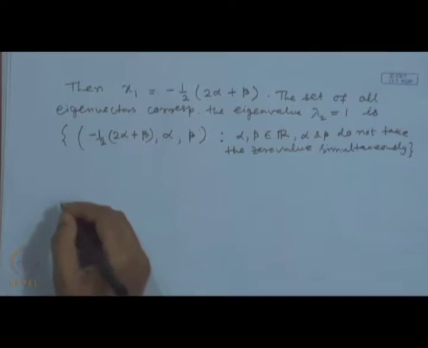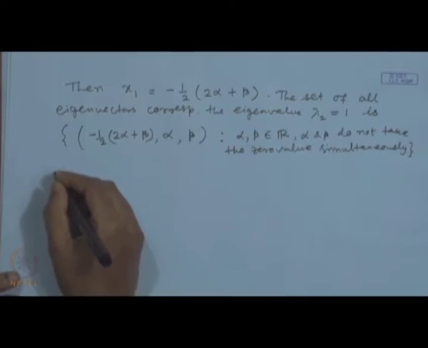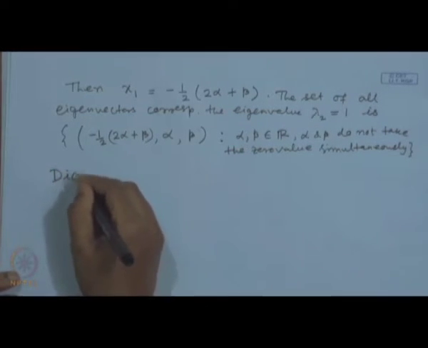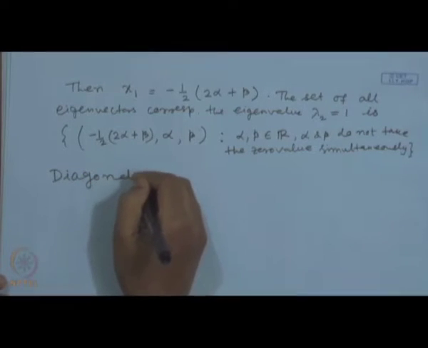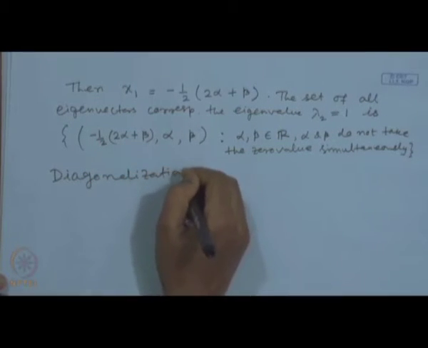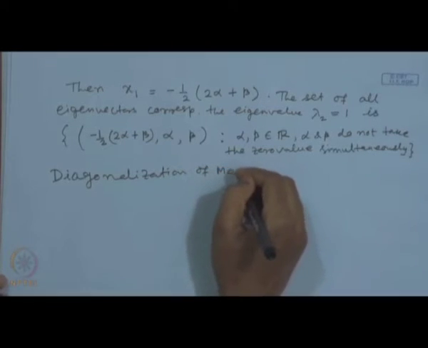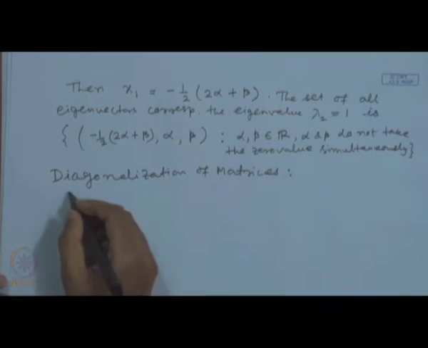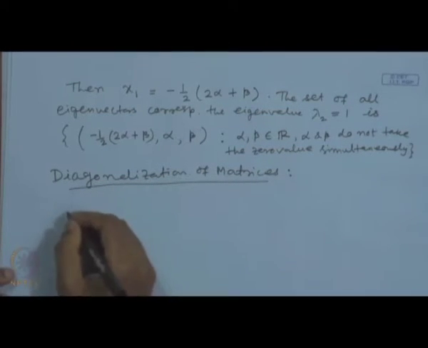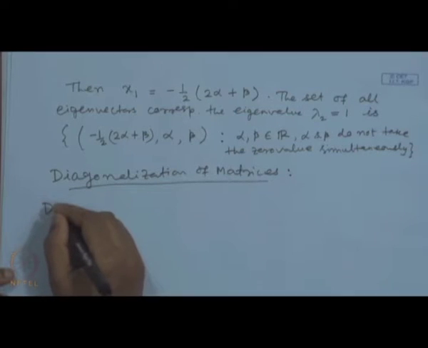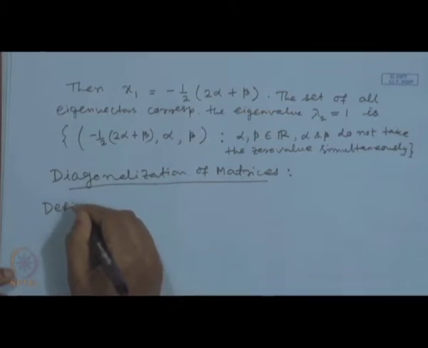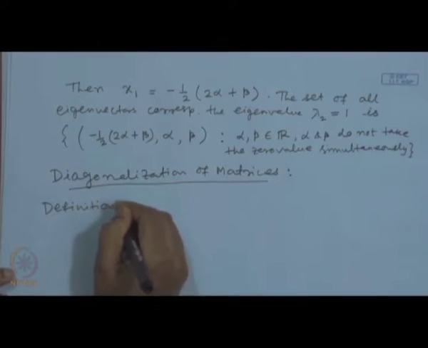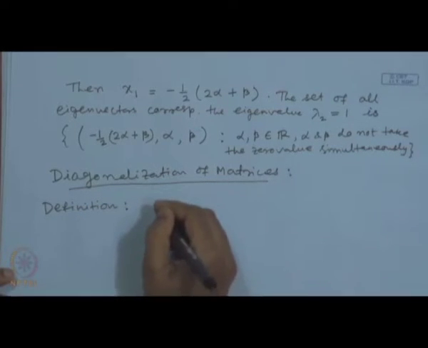Next we shall discuss another important concept, that is diagonalization of matrices. Here also we consider only square matrices. Let us see first what is the meaning of diagonalization of matrices, which we give in this definition.